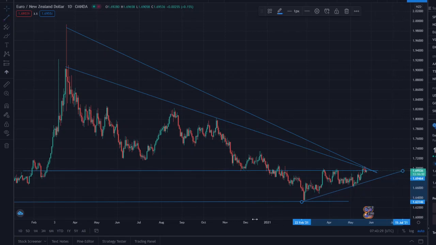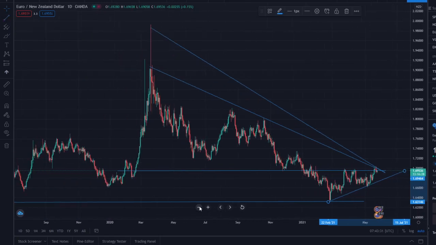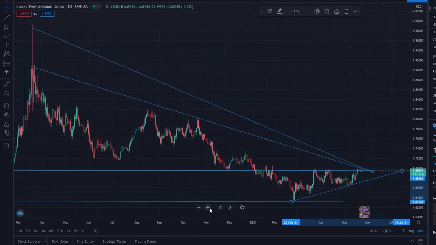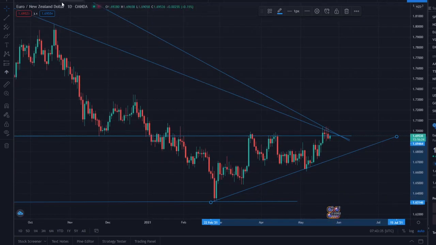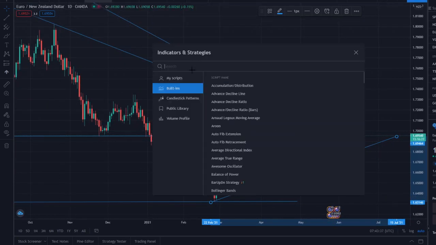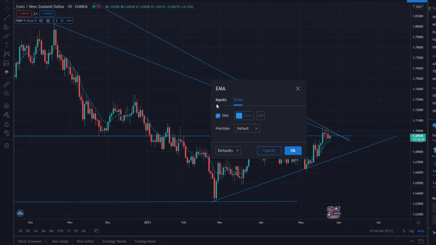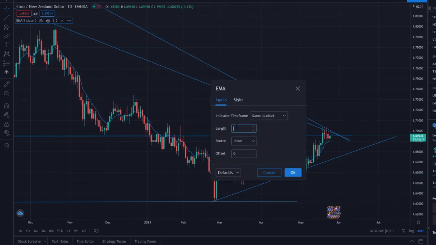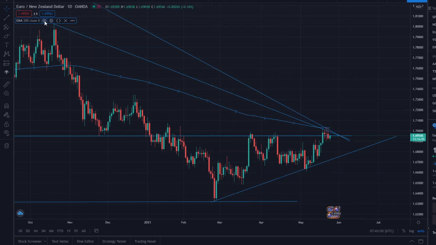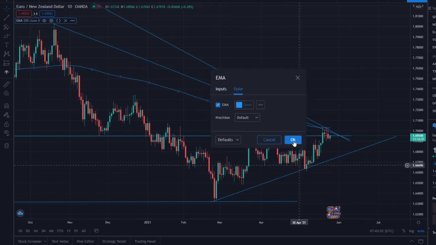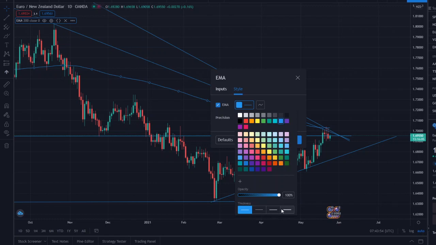Now here we could see and form a new triangle, maybe a trend, and we could turn around. Now if we add, let's change the color.